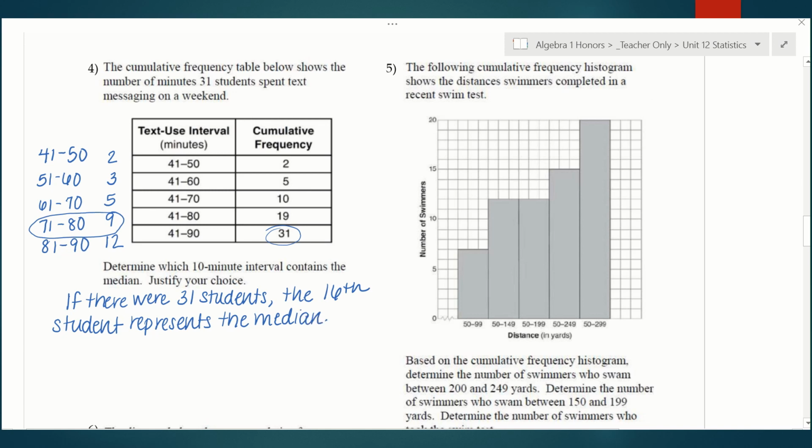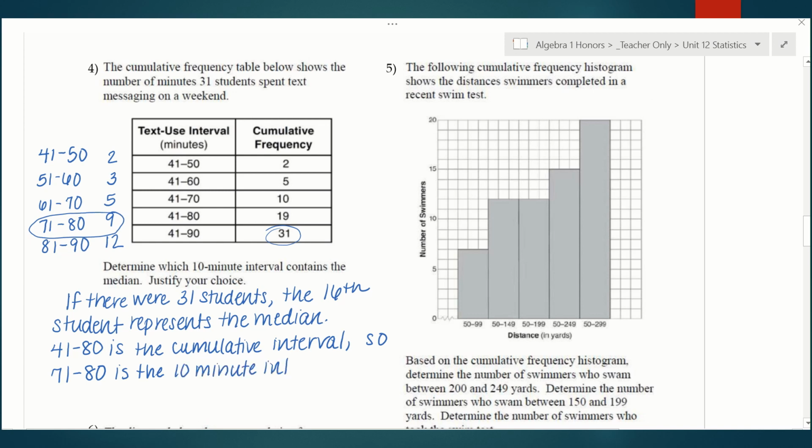And I'm going to say 41 to 80 is the cumulative interval. So 71 to 80 is the 10-minute interval that contains the median.